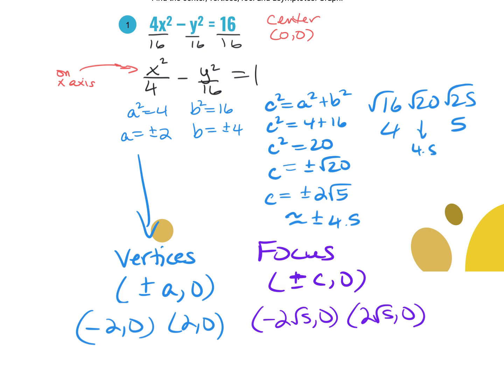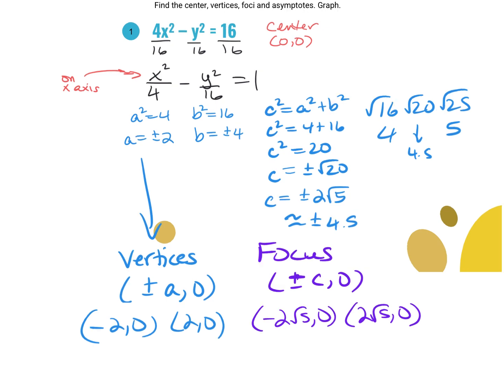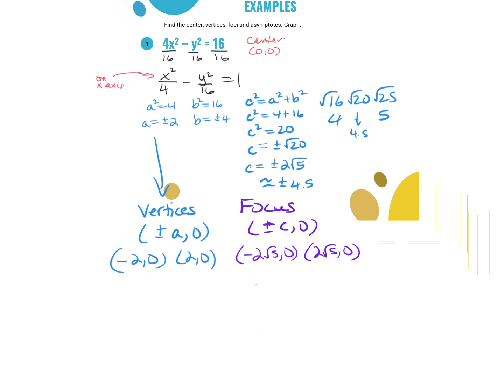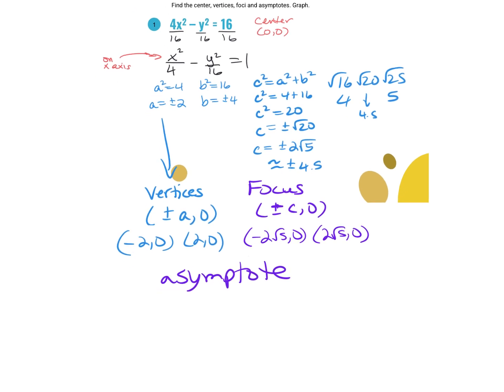I also need to find my asymptotes. So again, for my asymptotes, when it's going to be horizontal, remember you're going to be doing y equals plus or minus b over a x. This is when the x squared is first.